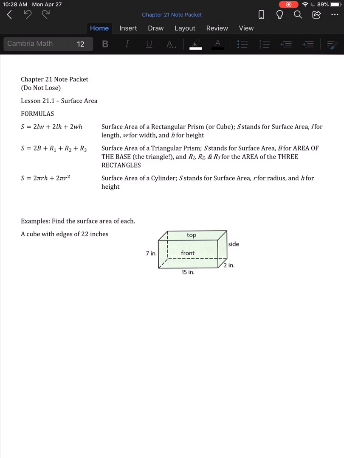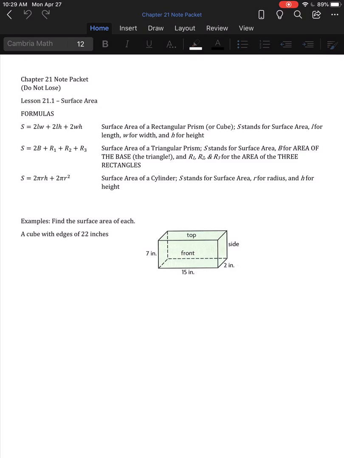We get the surface area, okay, so length times width would be the length across the front and length from front to back. That would be the bottom. The top rectangle is the same as the bottom. That's why we have 2LW, okay? 2LH, length, which is across the front, and height.